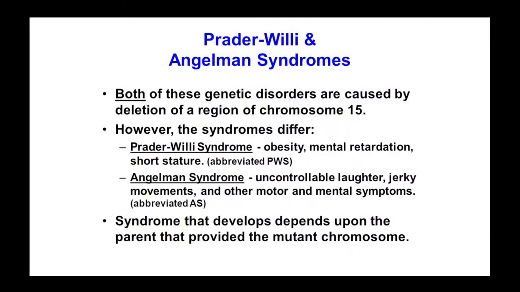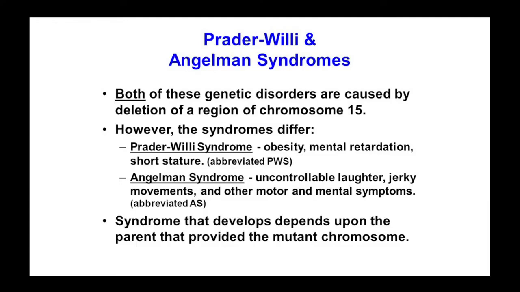Both of these disorders are caused by deletion of a region of chromosome 15, but Prader-Willi syndrome is caused by deletion in the paternal chromosome, and Angelman syndrome is caused by deletion in the maternal chromosome.